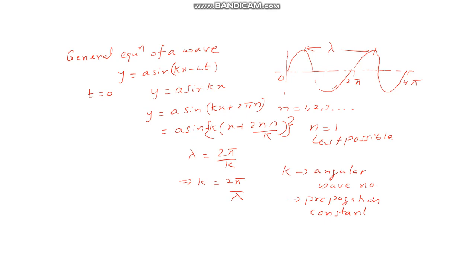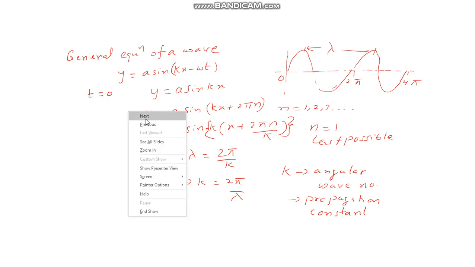And yesterday when we were discussing, I also said that how many lambdas there are in one full cycle is also a definition of k. How many wavelengths there are in one full cycle also gives you information about the wave number. So in this equation, the first case what we took is t is equal to 0.